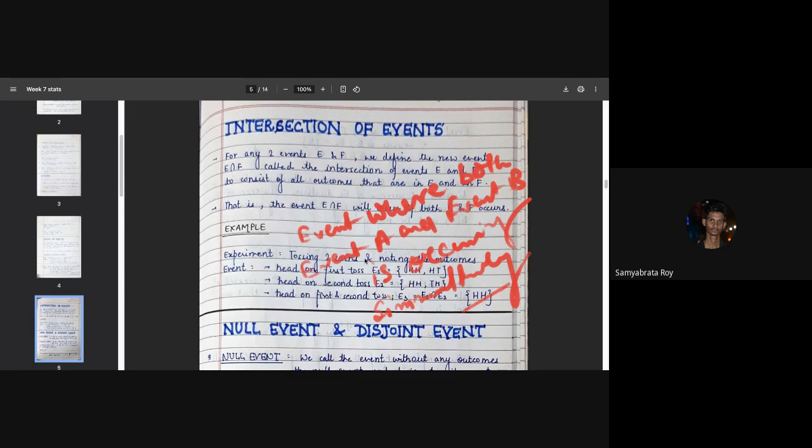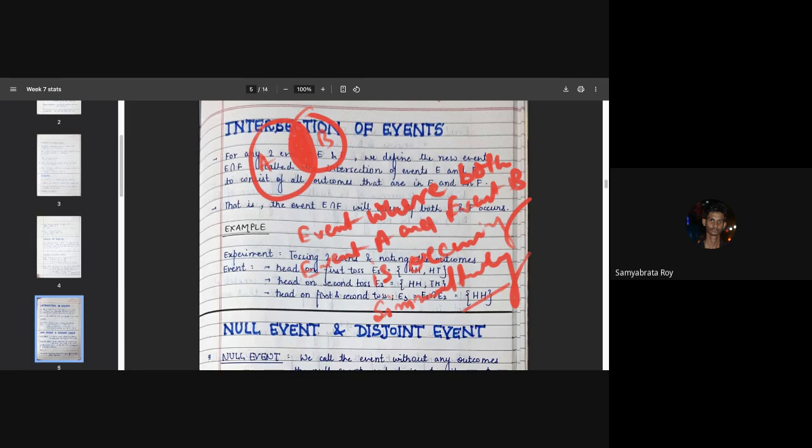Suppose this is the probability of event A occurring, this is the probability of event B occurring, and this is the probability that both occur. So I'm taking nothing but the intersection of two events.